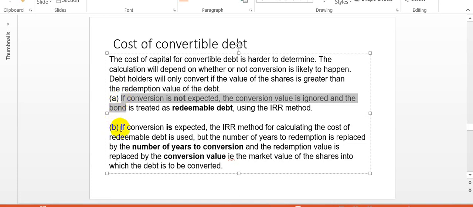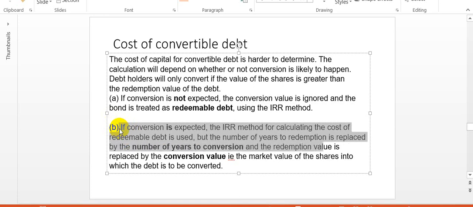But if conversion is expected, we still use the IRR method for calculating the cost of redeemable debt, but the number of years to redemption is replaced by the number of years to conversion, and the redemption value is replaced by the conversion value. Extremely important for you to remember those two principles.